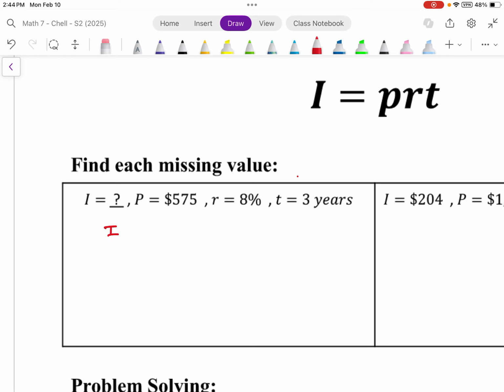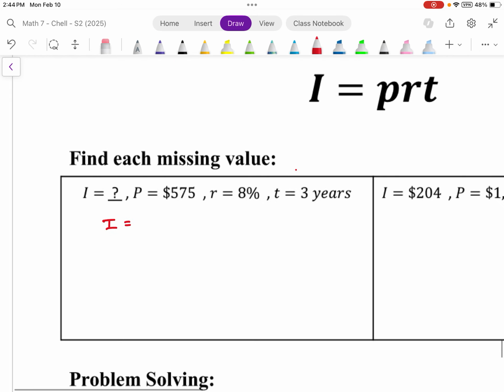Let's write down the equation. PRT. Okay, we are given the P, so let's replace that. We're given the 8%, but since it's a percentage, let's make that into a decimal. So we'll have 0.08. And then we have 3 years. Since it's already in years, it's going to remain the same, okay?